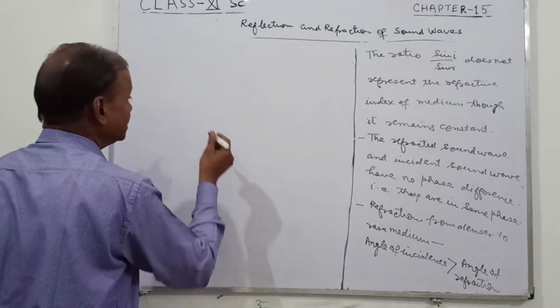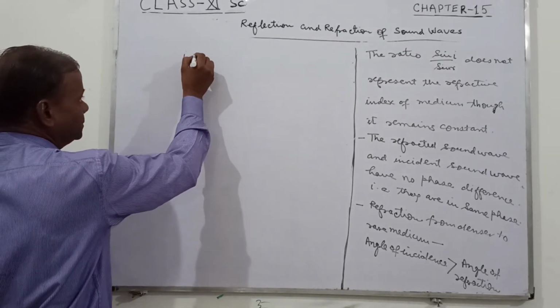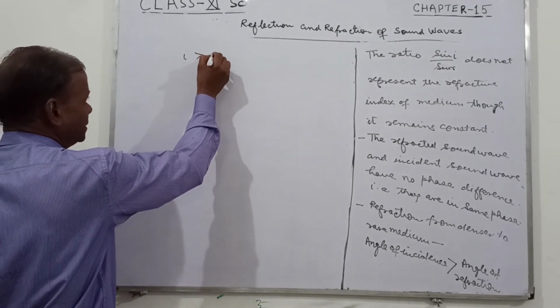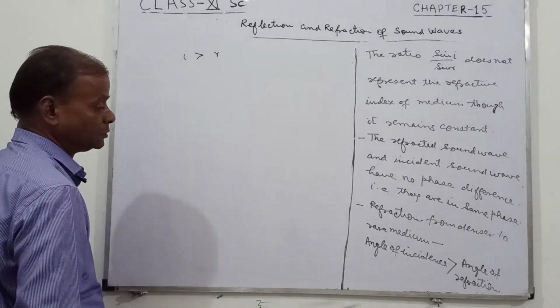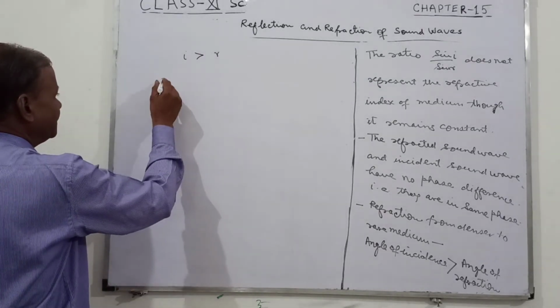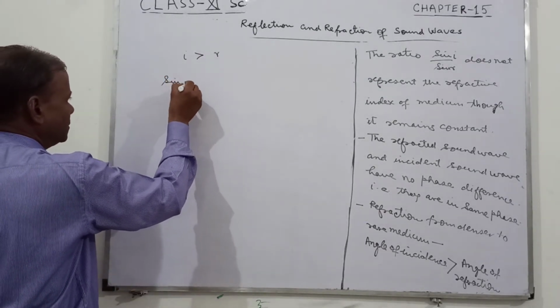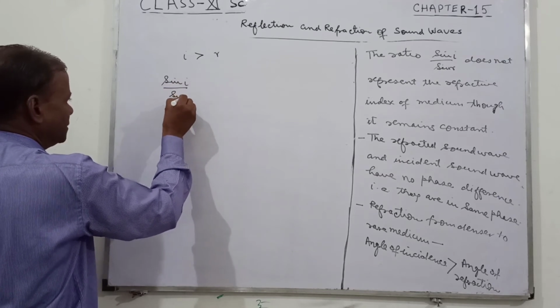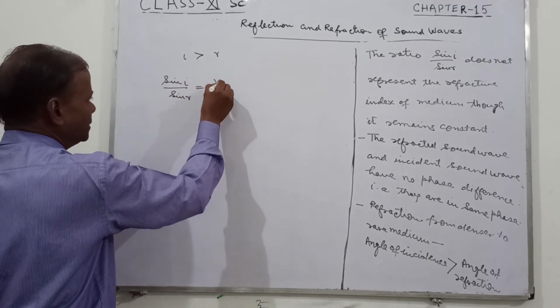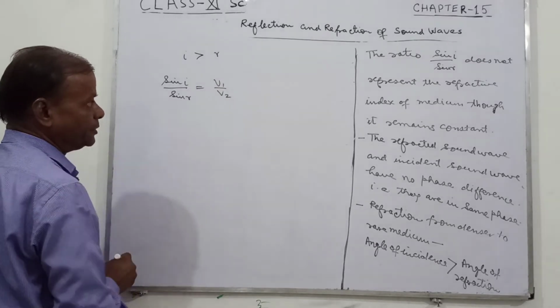It means that angle I is greater than angle R. So sin I upon sin R is again equal to v1 upon v2.